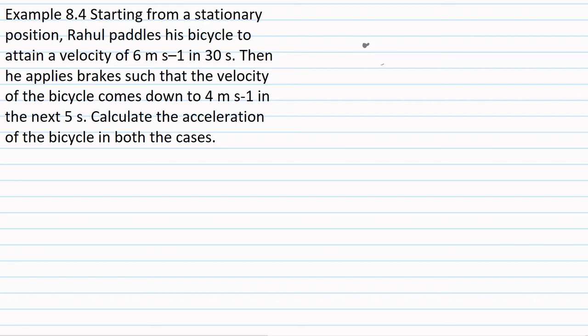So he starts traveling from zero velocity and then he attains a velocity of 6 meters per second in 30 seconds. Then he applies his brakes in such a way that the velocity of the bicycle comes down to 4 meters per second in the next 5 seconds. So from 6 meters per second, his velocity goes down to 4 meters per second in the next 5 seconds. Calculate the acceleration of the bicycle in both the cases.